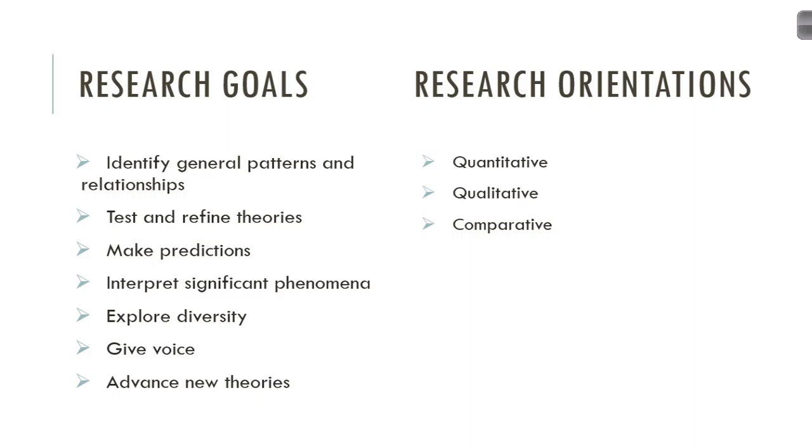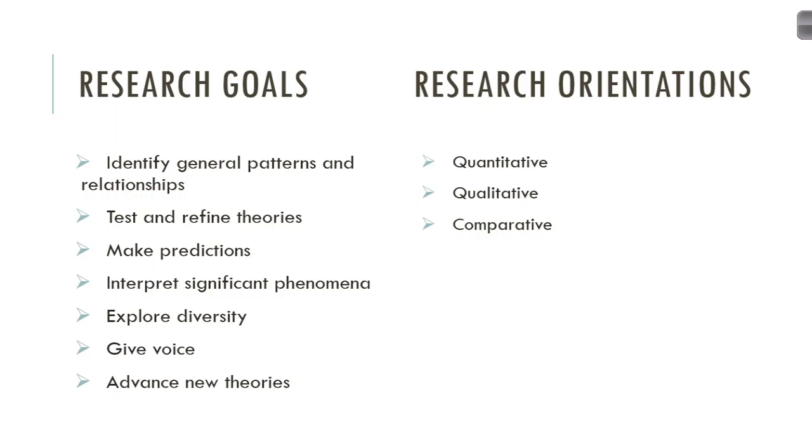And then you have comparative research, which is a little bit of both. You have some number of cases, you have some degree of depth in your data, but really your focus is on the differences between the cases you're comparing. With us, it's called comparative research, right?